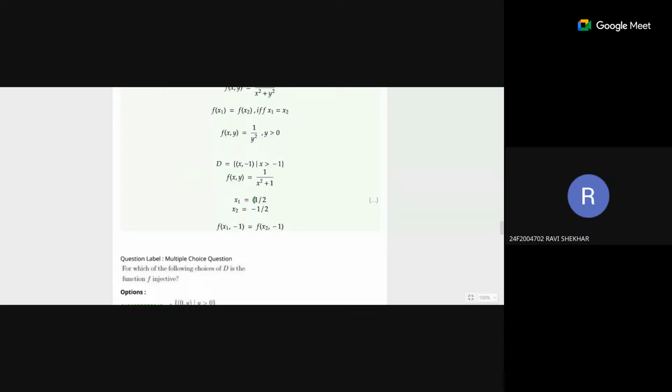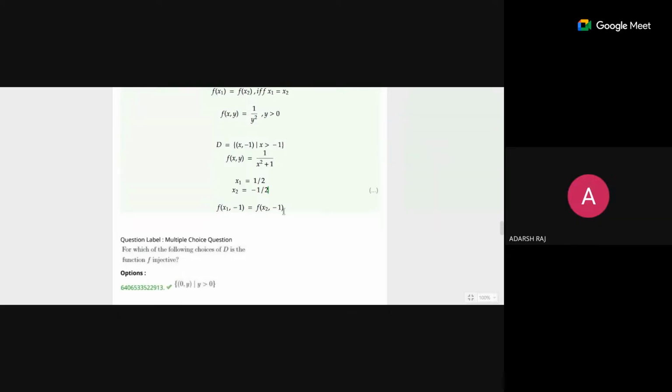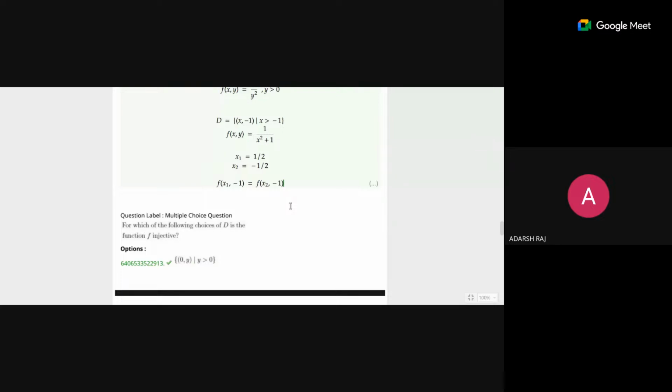Okay, so in questions like these, we just need to check for a counter example. Yes. We have to find a counter example and disprove. If you are not able to disprove this, you can say it is correct. We just need to find an example.